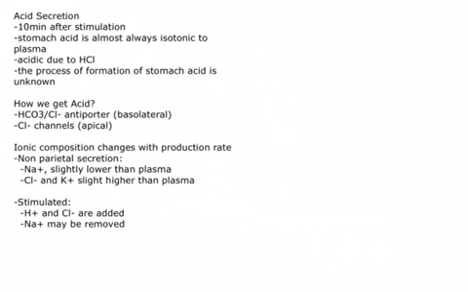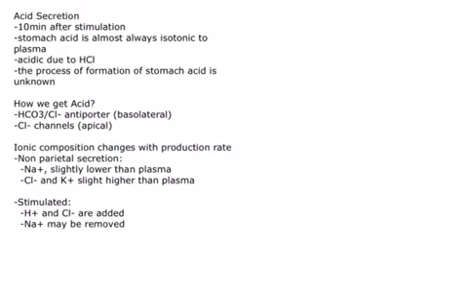About how we get this acid secretion, it's 10 minutes after a meal or stimulation, so when we see food, hear about food, talk about food, 10 minutes after that, acid starts being secreted.